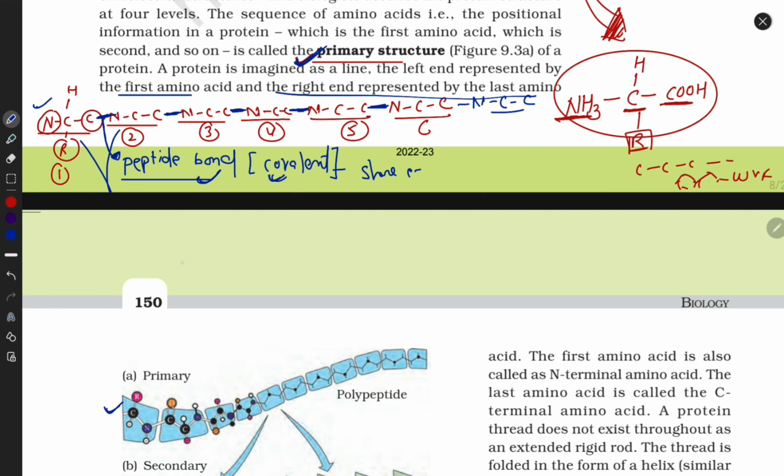They have to be folded in this manner. They arrange like NCC NCC NCC NCC. Now what do they do?